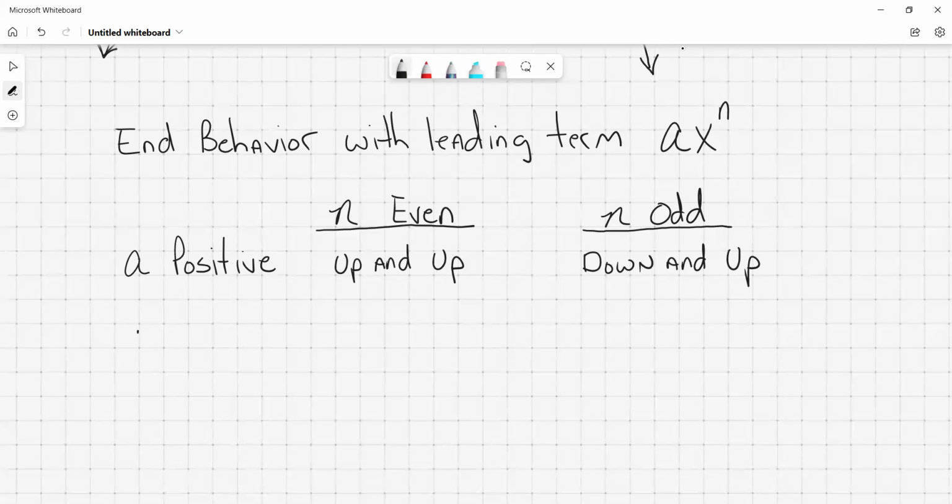When a is negative and n is even, we got down and down. And when a is negative and n is odd, we got up and down.